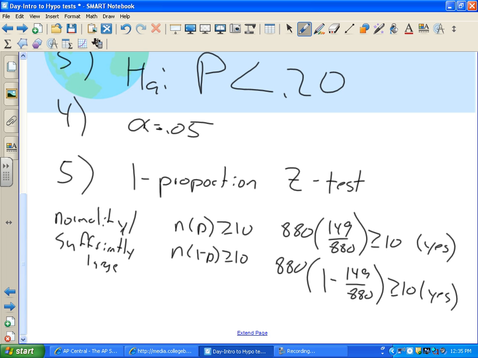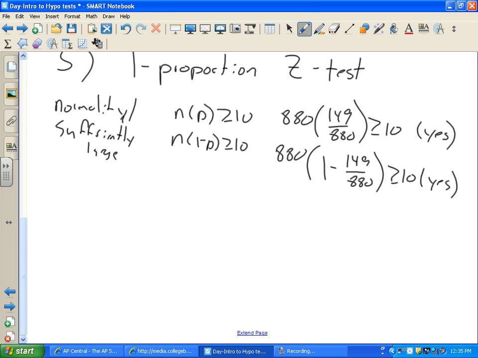So I can use the central limit theorem. My sample is sufficiently large, so that sample will be normally distributed. And so I'd say normality justified, sample is sufficiently large. Those are the words that I would use to describe that.